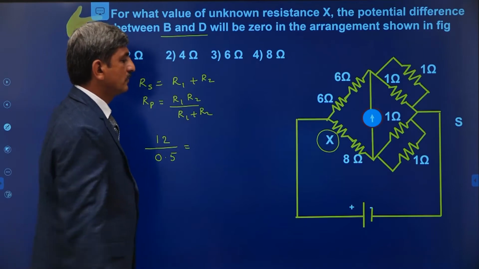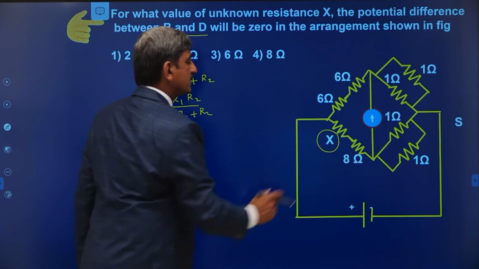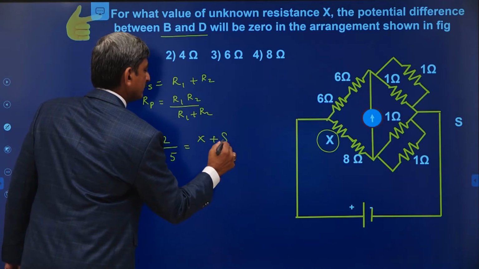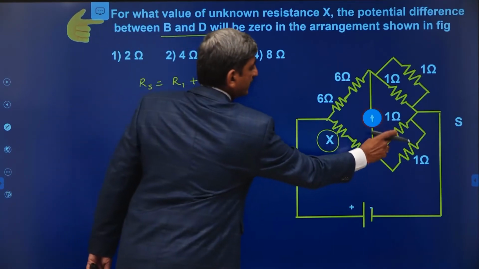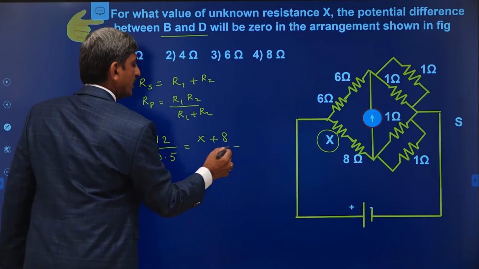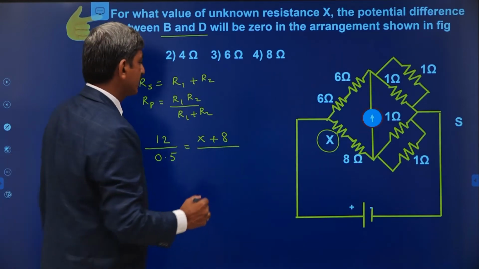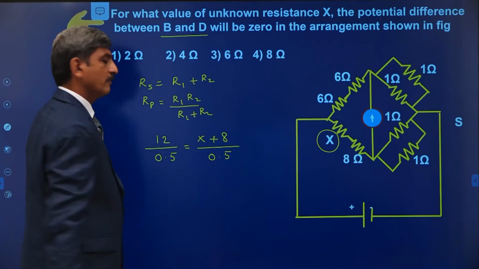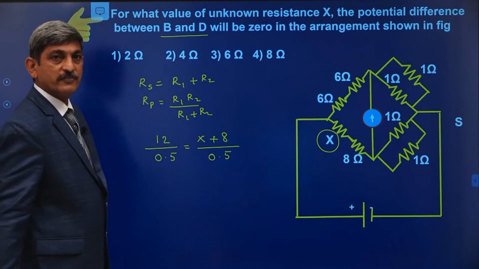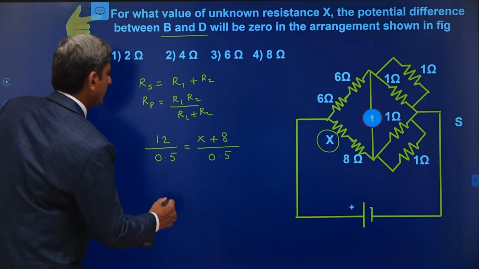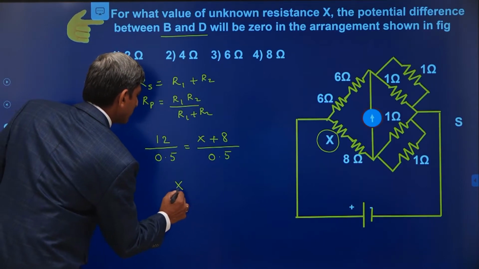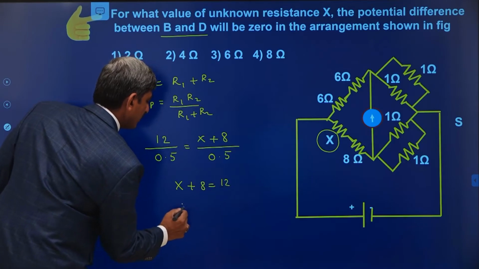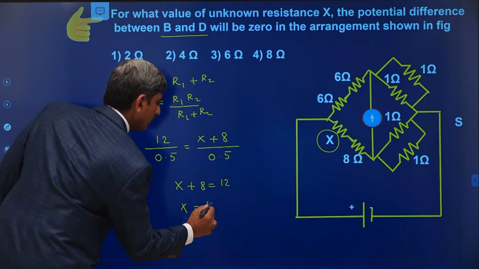This is equal to the effective resistance in this arm, X plus 8, whereas the effective resistance in this arm is 1 into 1 by 1 plus 1, that is equal to 0.5. Okay, 0.5 and 0.5 cancel, and we have X plus 8 is equal to 12. From this we have X is equal to 4.